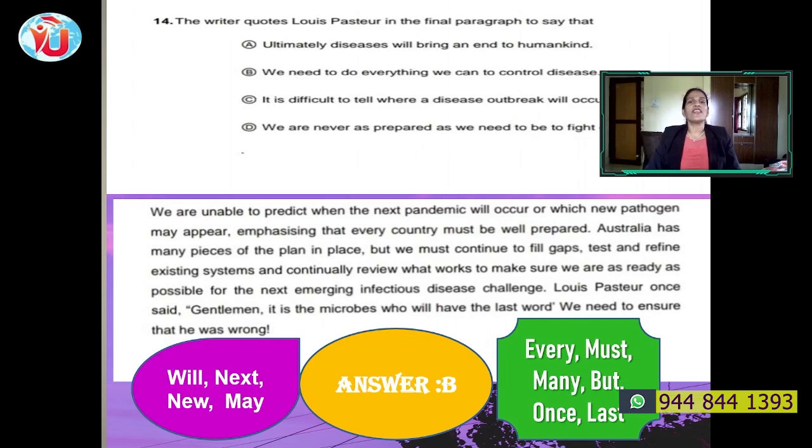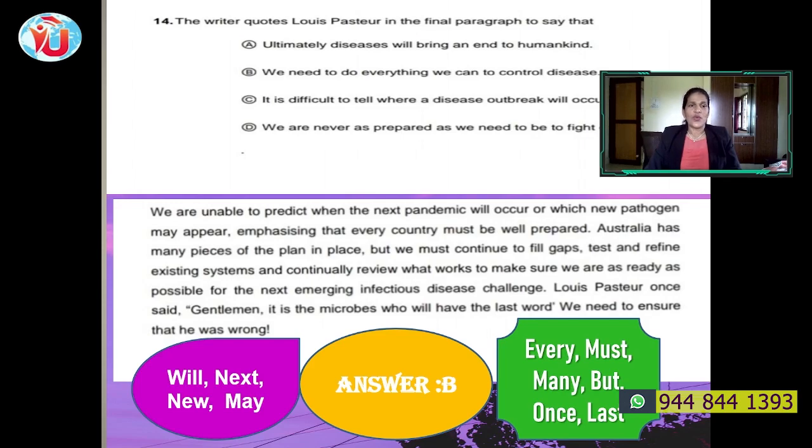So where do we find the answer here? We will be getting the answer in where? Come on, tell me. Yes, in B, where it says that we need to do everything we can to control disease. You see, so simple. As you practice, it will become very simple. So I have highlighted some of the clues that I require.